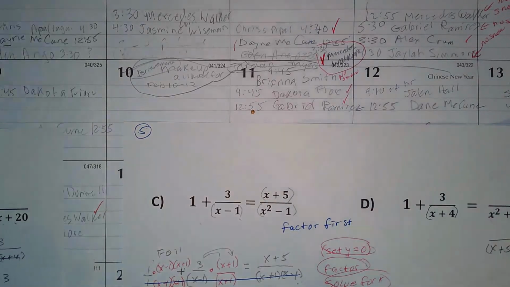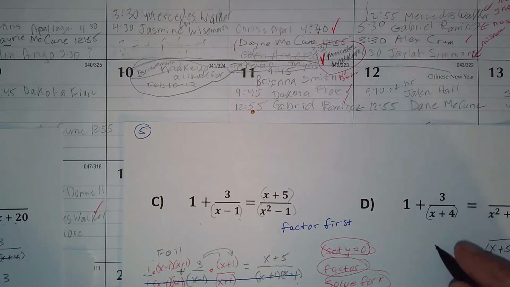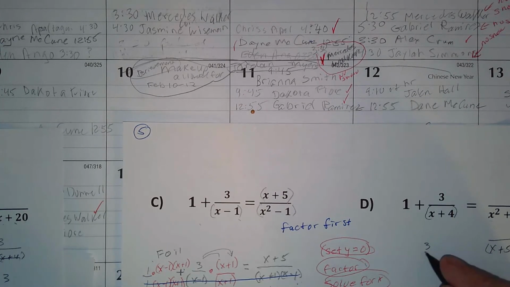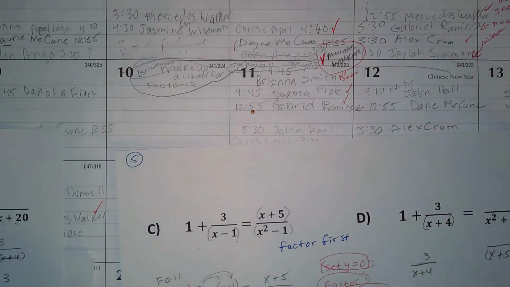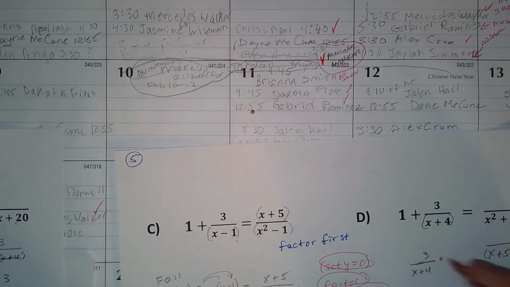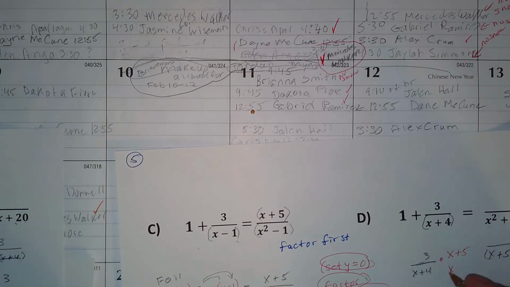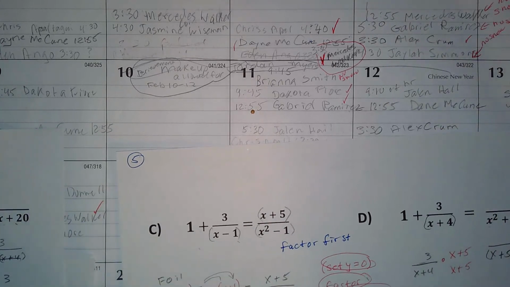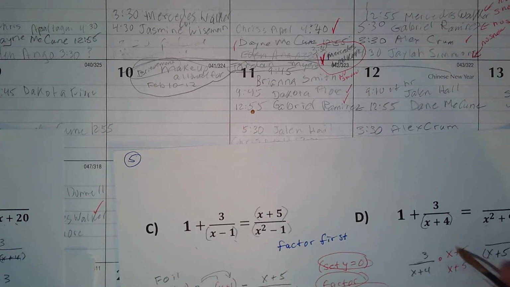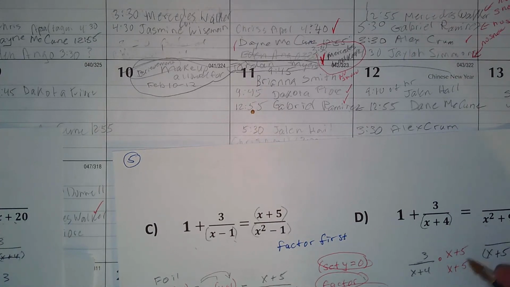And then this one is 3 over x plus 4, so we're going to have to multiply it times x plus 5 over x plus 5. Now this is 1, so it's not going to be an issue because 1 over 1 is 1, and then the denominators are going to be the same. So it's the same issue as before we did over here.